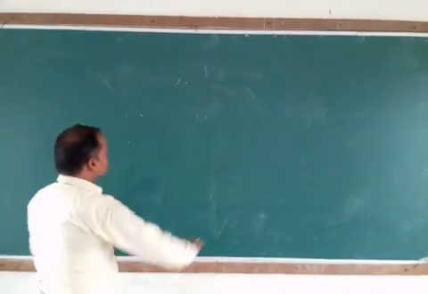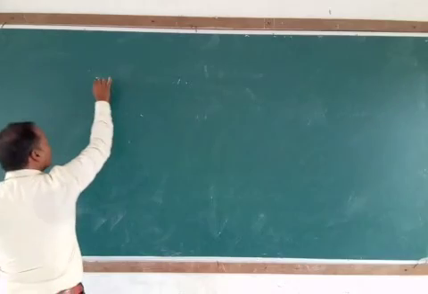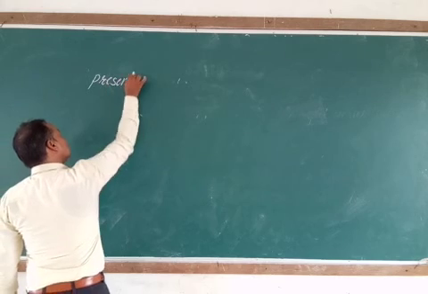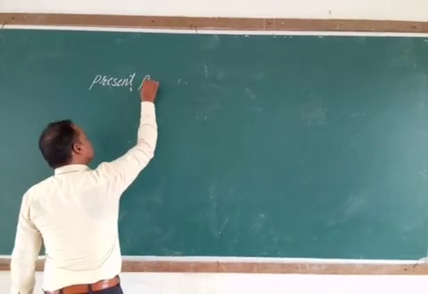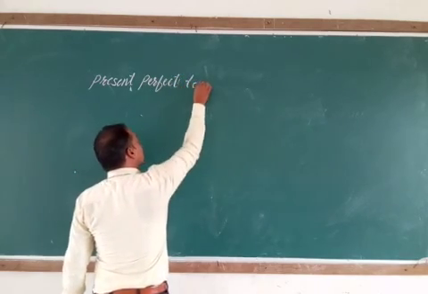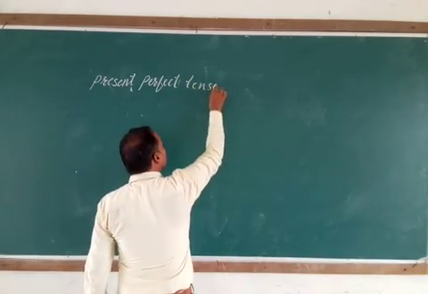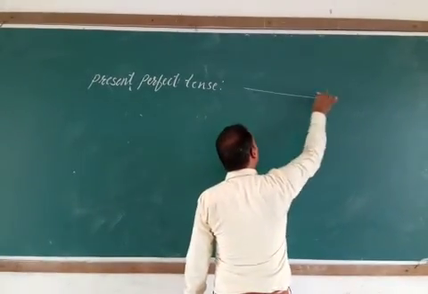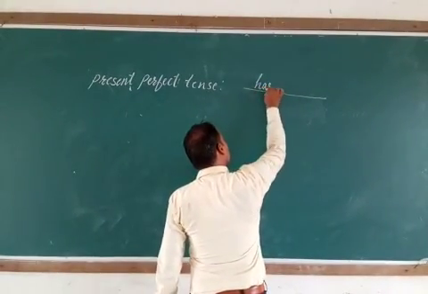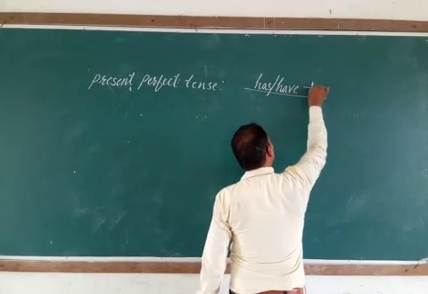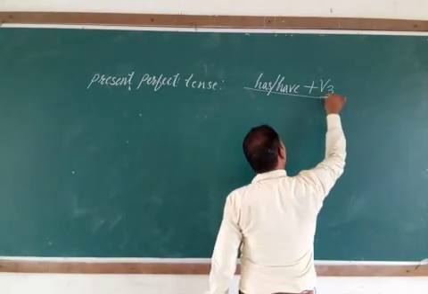So the structure would be, let me write here, present perfect tense. If I write present perfect tense, remember one thing, that the verb would be has or have plus verb third form.